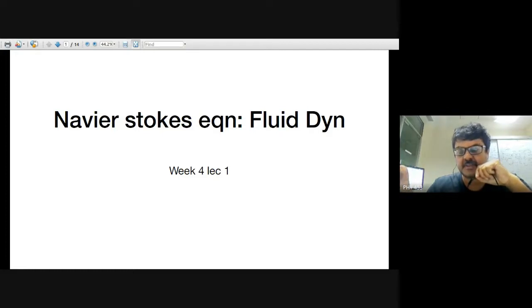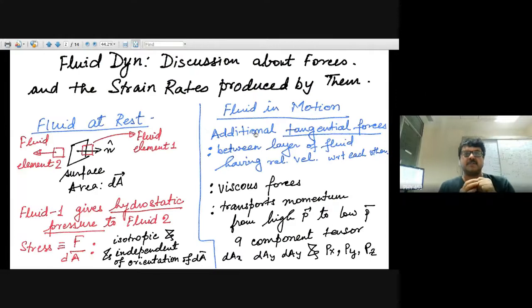Thereafter, we will write down the viscous stresses in terms of the strain rates, which we have faced even previously. And finally, we will write down the so-called Navier Stokes equation, the fluid dynamics equation. So that's how it goes.